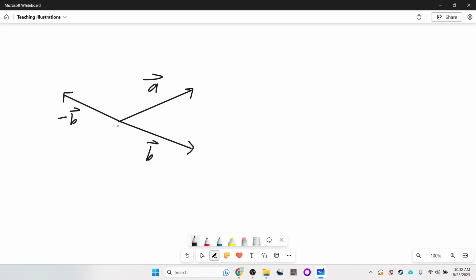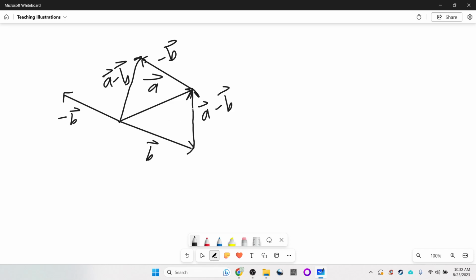Well, to do A minus B, you would first do A, then you would do negative B, I mean. And then you'd say, well, A minus B then must be this hypotenuse here, this shortest distance, because we do the tip to tail method. Go along A, then go along negative B, and it's this. Well, if we translate this A minus B over here, it's also right here, A minus B.